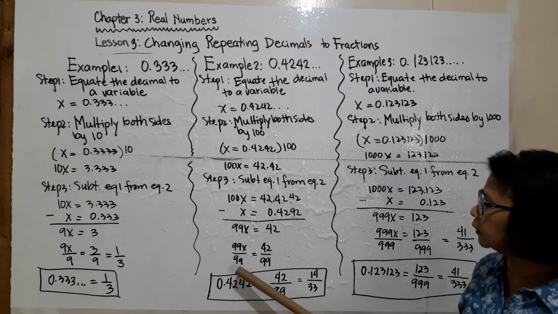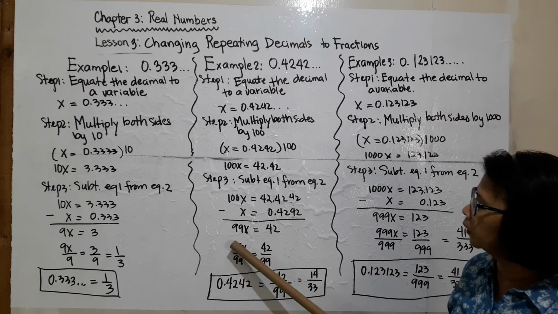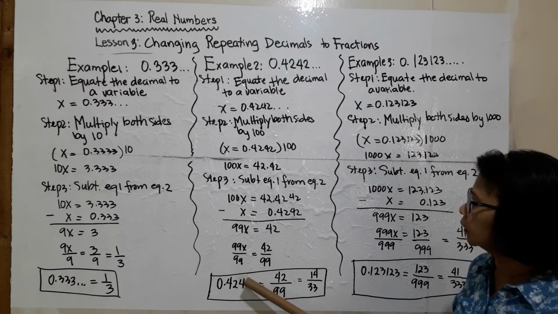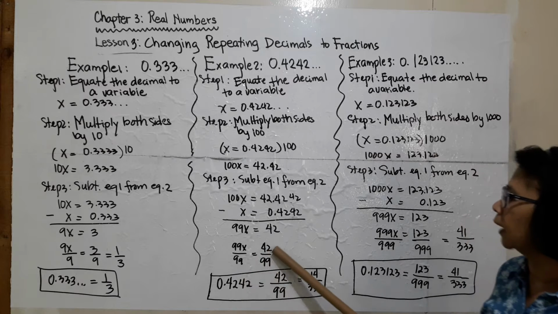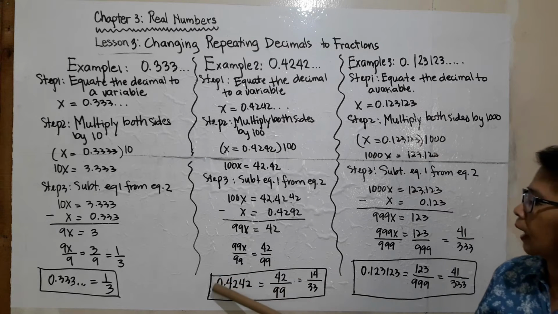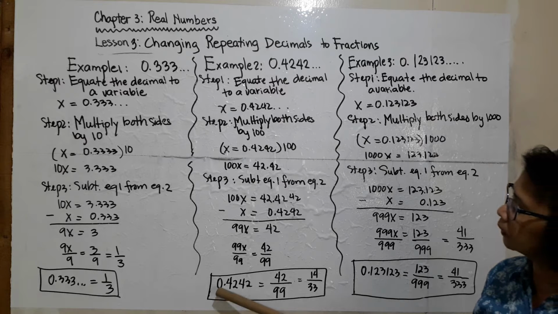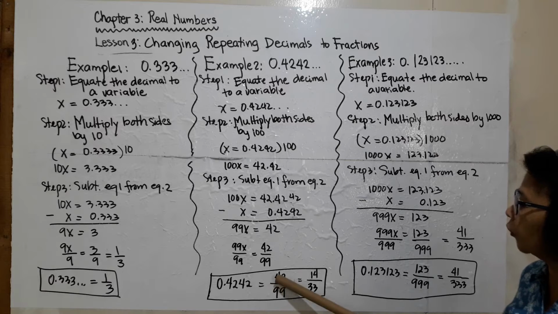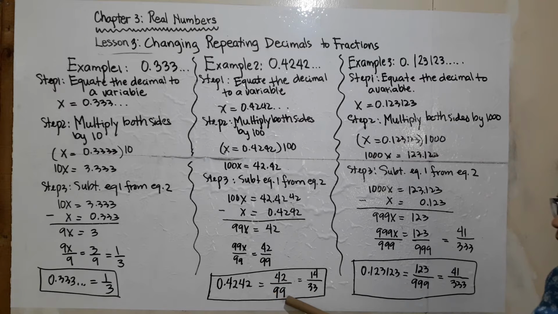Okay, to find x, we divide both sides by 99, so that what is left is 42 over 99. Look at the answer. This means that the given 0.4242 is equal to 42 over 99.